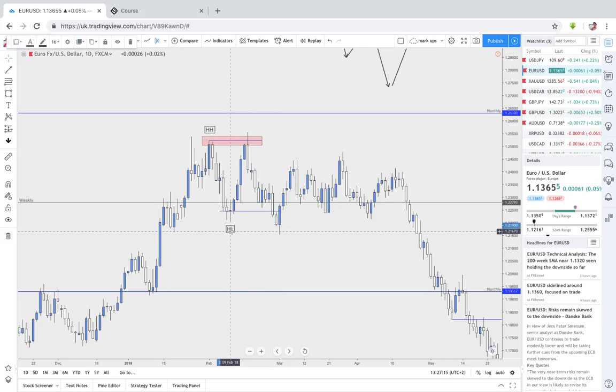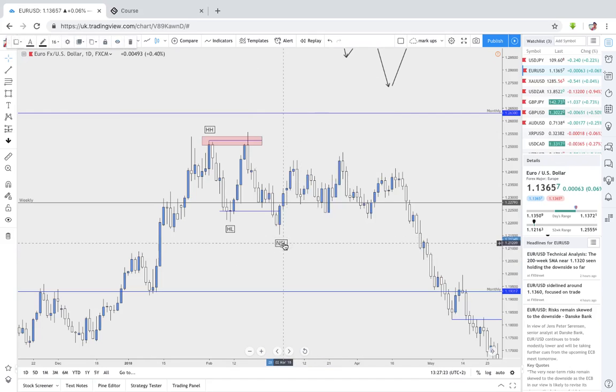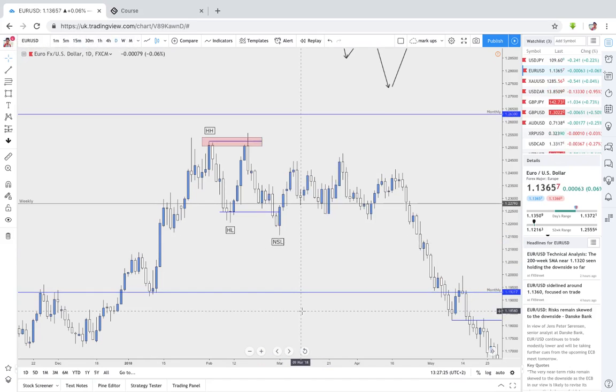So this would then be our, who can guess, new structure low. Then we are looking for our lower high, because that is our higher high.